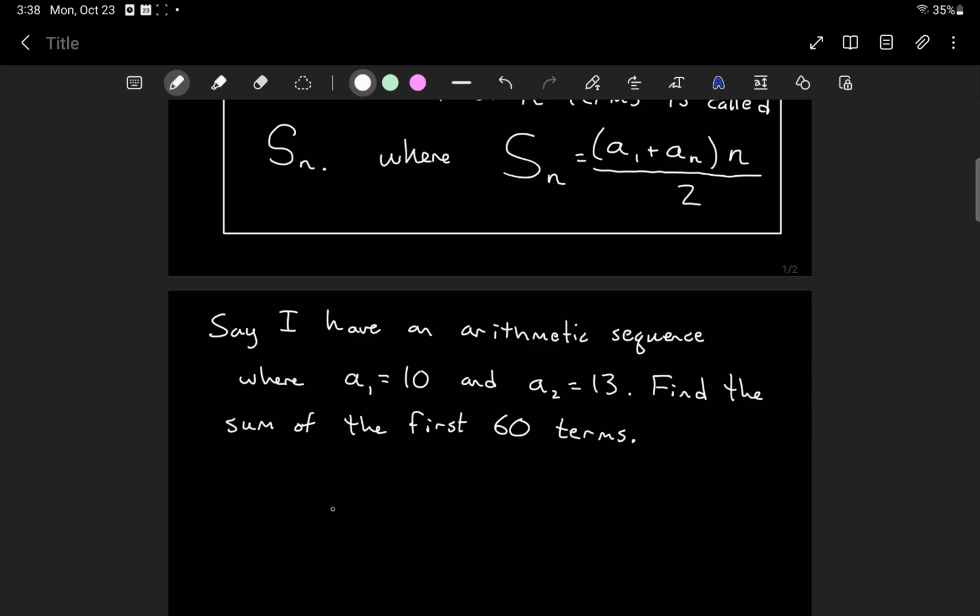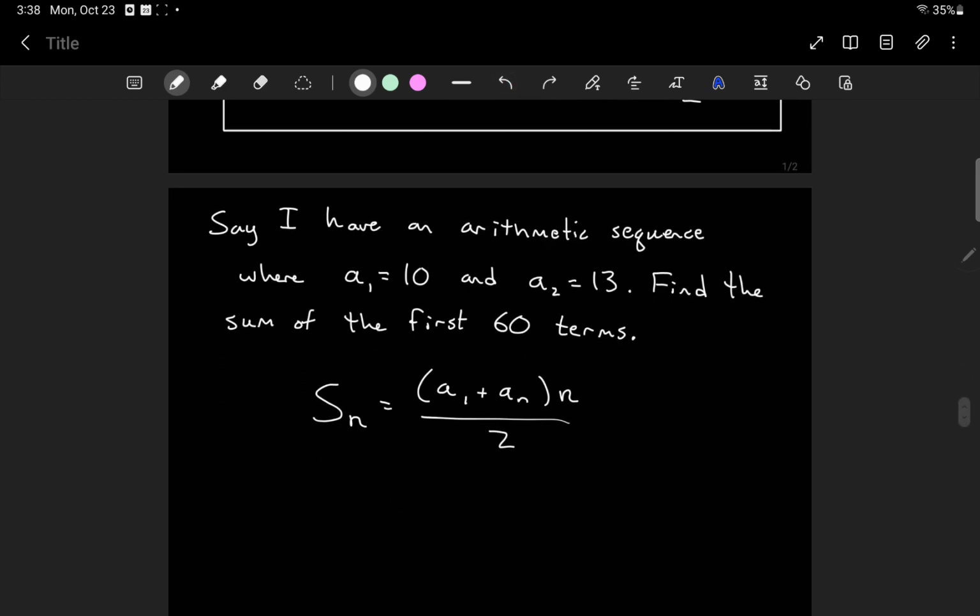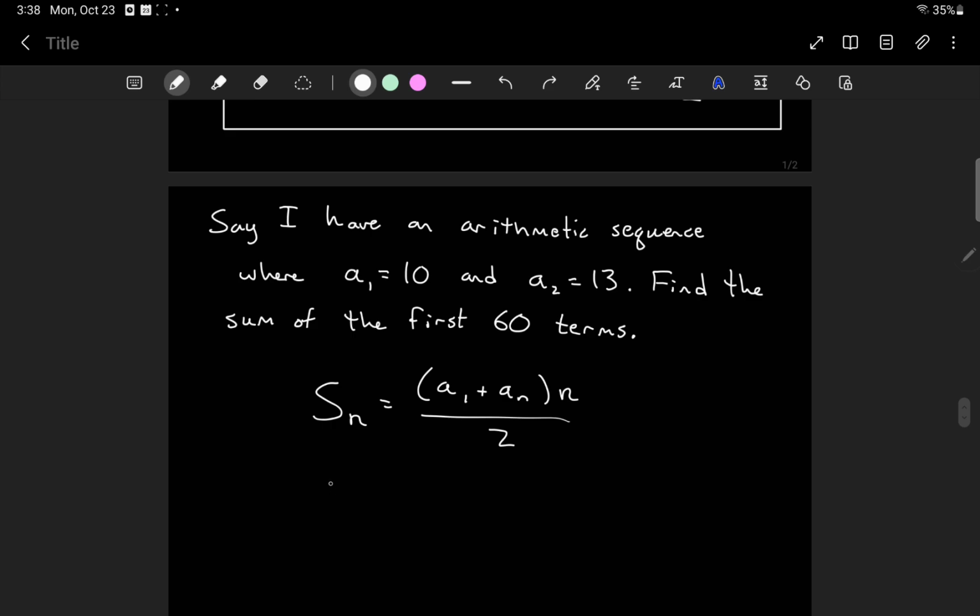We have our formula, right? We've got S sub n is equal to a sub 1 plus a sub n times n divided by 2. So we're talking about the sum, so we know we're going to be using this formula here. Let's fill in what we know. So n is going to be 60 in this case.